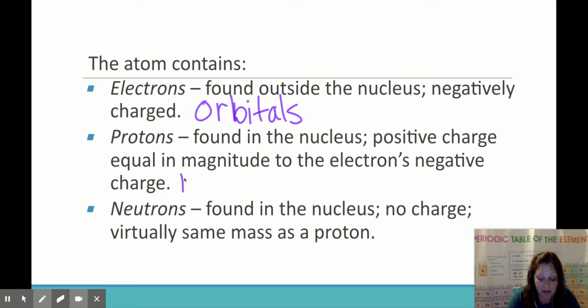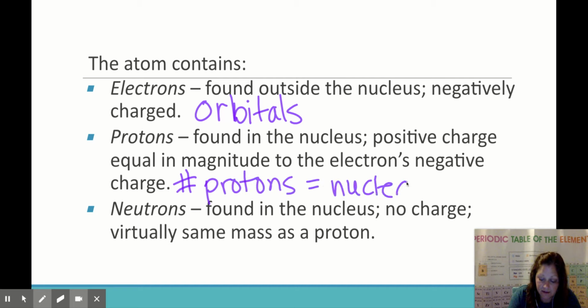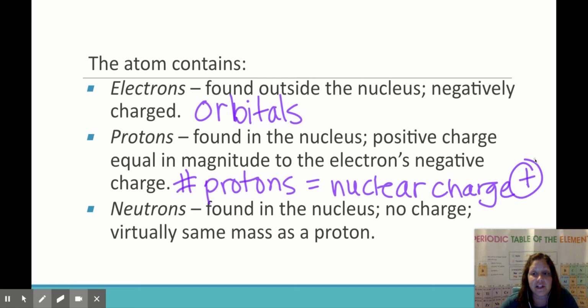And remember that the number of protons gives us the nuclear charge, and the charge on the nucleus is always positive. The number of protons combined with the number of electrons balance each other out, and that gives us our overall neutral atom.